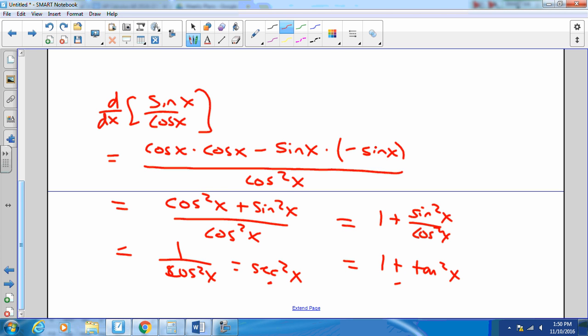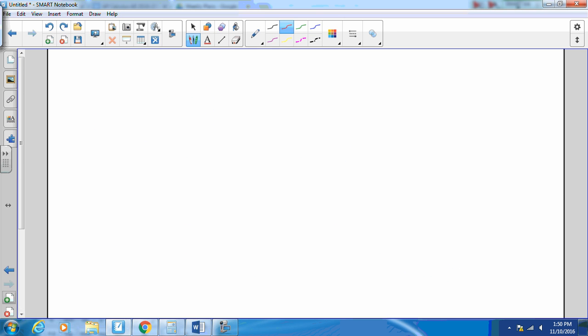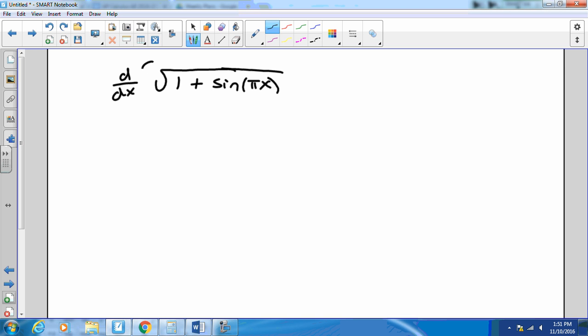Unless there are other questions, I would like to take a look at some more exotic examples. All right. Let's consider this. What is the derivative of the square root of 1 plus sine pi x?